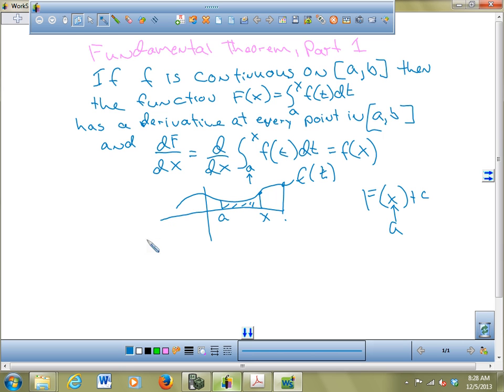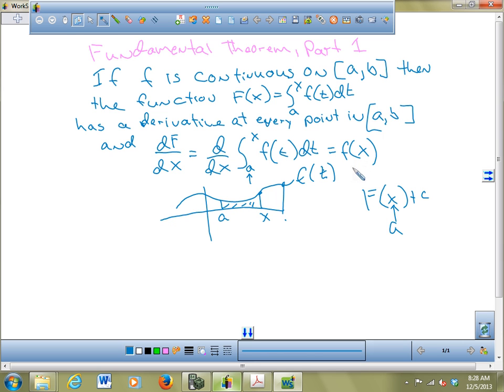Yes, sir. So little f of x and big F of x, two separate functions? Two different things. Yeah. Big F of x is the antiderivative of that function. Okay, and this is the derivative of the antiderivative.